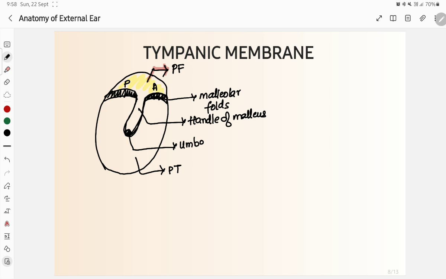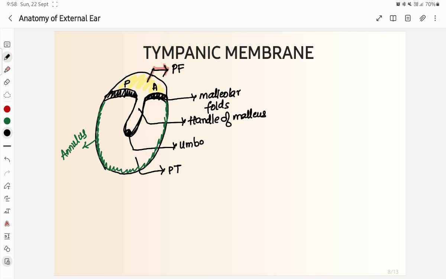In pars tensa, we have a fibrocartilaginous ring on its periphery. This ring is known as the annulus. What is it called? The annulus.